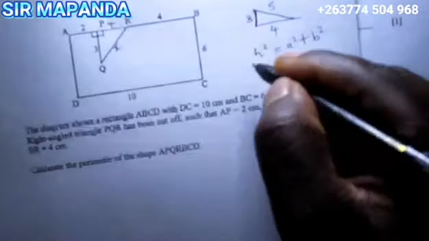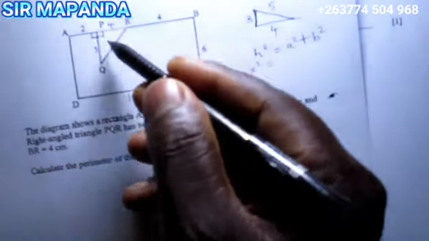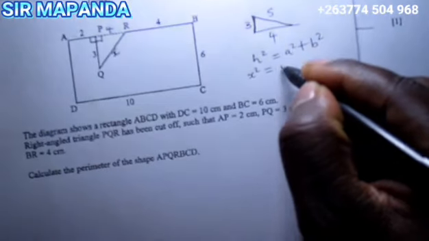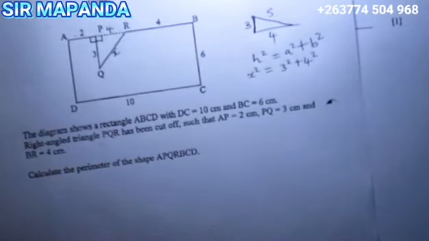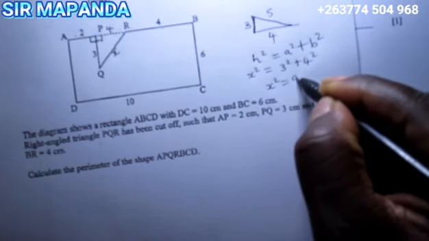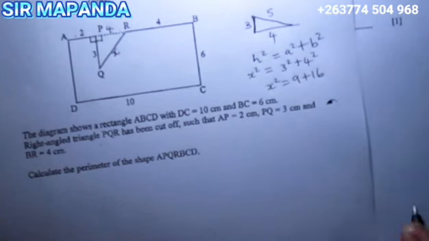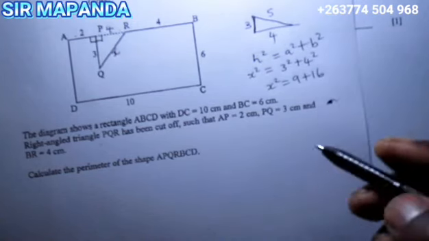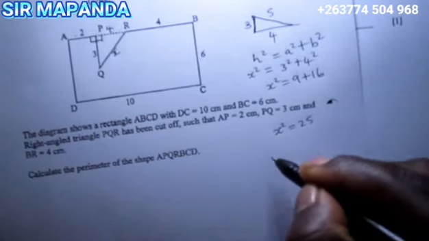So x squared, the side opposite to this 90, is equal to 3 squared plus 4 squared. So x squared is equal to 9 plus 16, where 3 squared is 9 and 4 squared is 16. x squared is equal to 25.